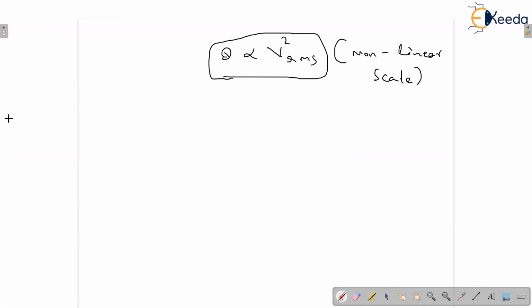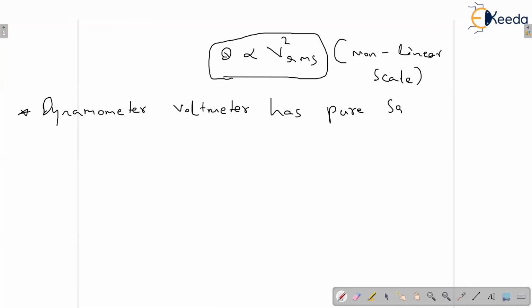The next, the dynamometer voltmeter has a pure square law scale.